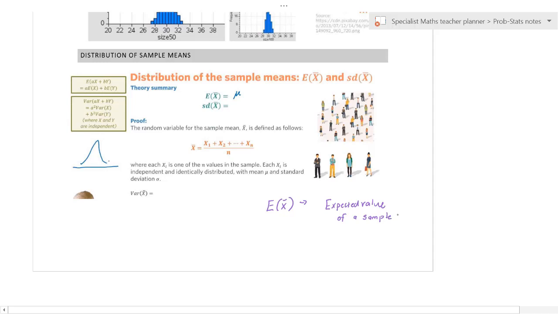I've got a sample of size n, and of course we can say that E of X bar is equal to mu, isn't it?